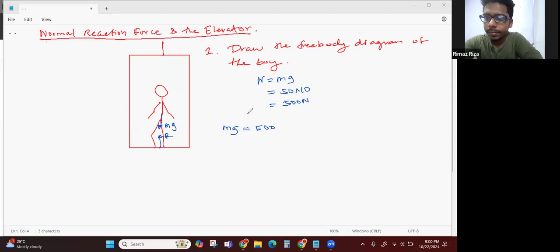Yes, when the object, the boy, is at rest, and the lift is just staying there, then R equals mg. The normal reaction force equals the weight, so R equals 500 Newton. Is that clear?